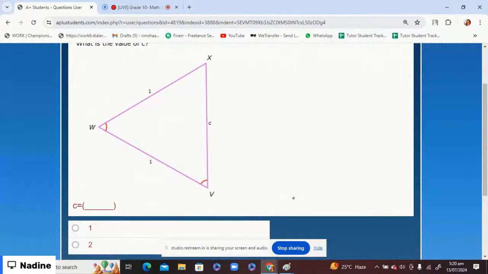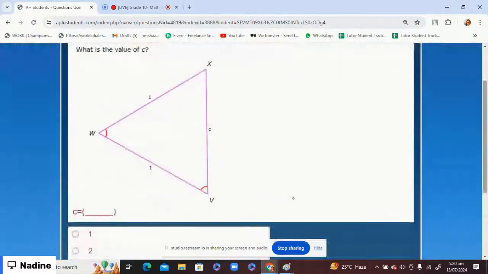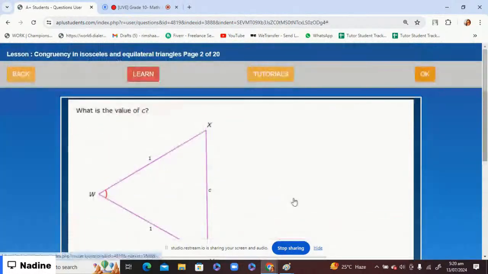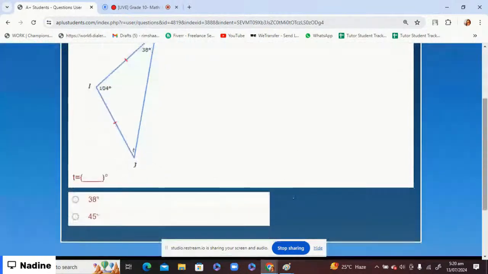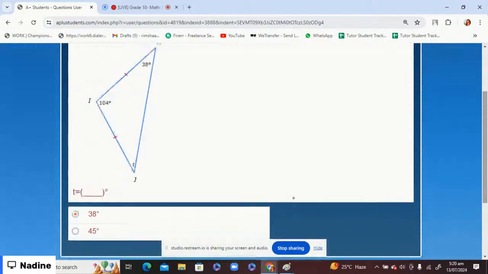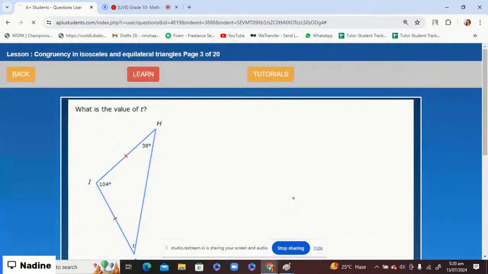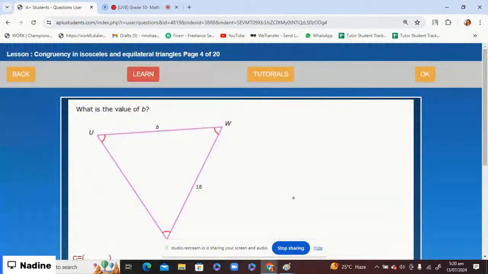This is an equilateral triangle, so all the angles are the same, so we can go with the same value. What is the value of T? These two sides must be the same, so that is 38 because these two sides are the same. Okay, now you solve the rest of the questions by yourself.